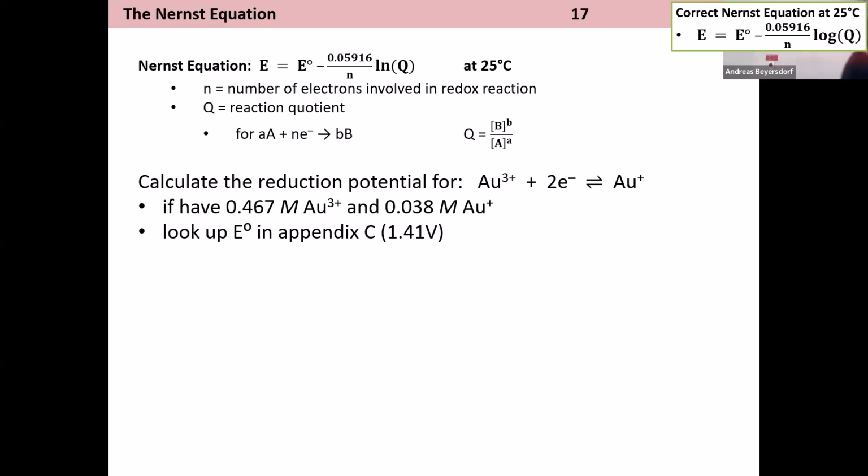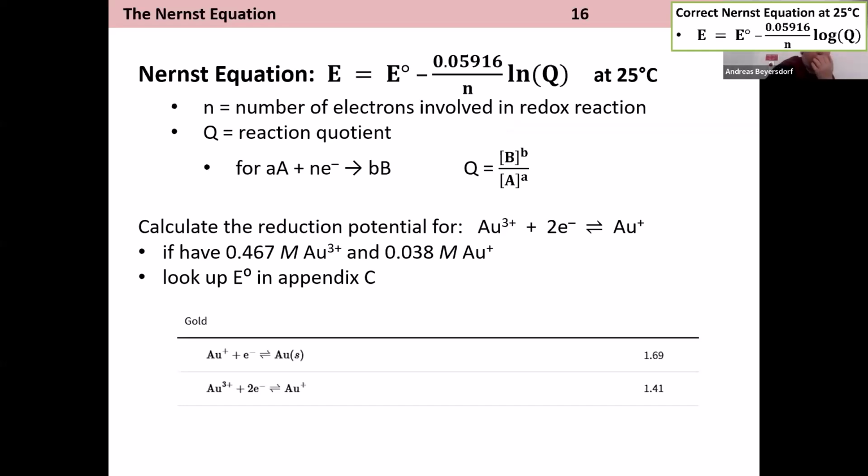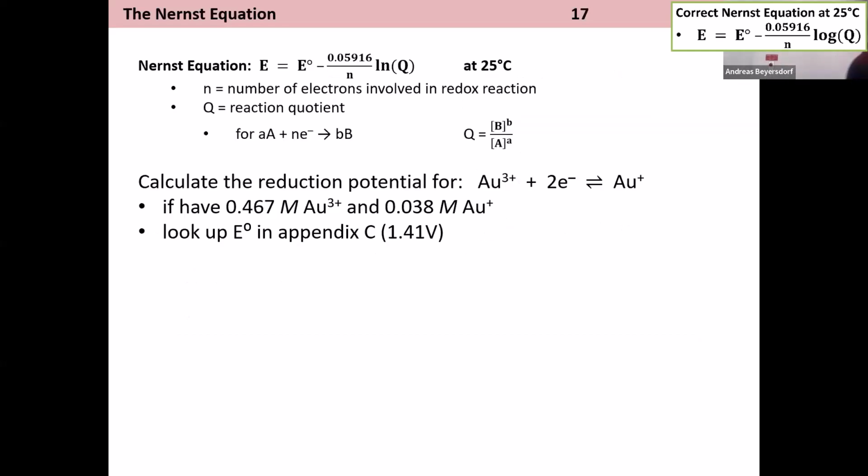So that involves 2 electrons. So n equals 2. We know what E naught is. It is 1.41 volts. We got that from the chart on the previous slide. And that Q, well, we're going from Au3 plus to Au plus, so it's going to be the concentration of Au plus over the concentration of Au3 plus. It's 1-to-1, so we don't include that, so we can plug these in.